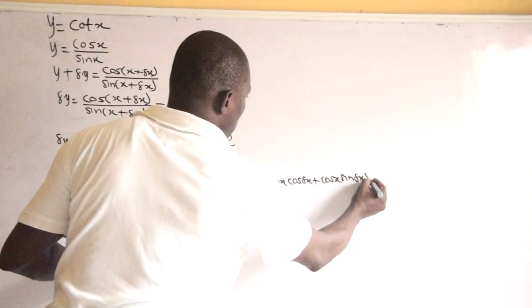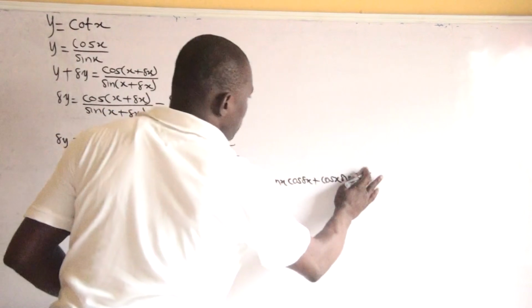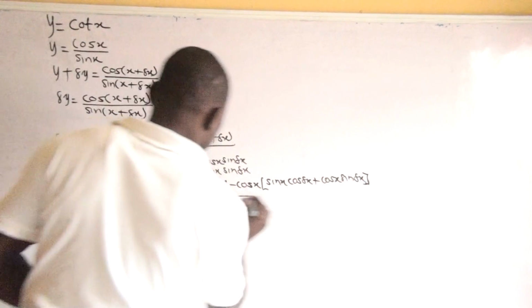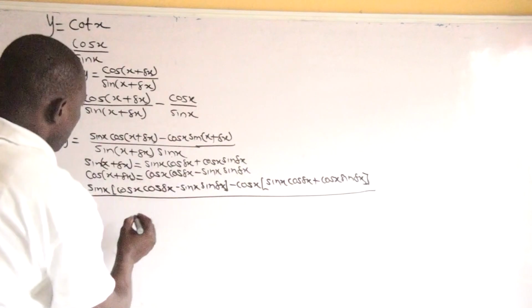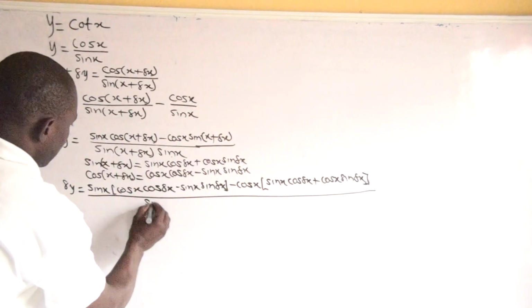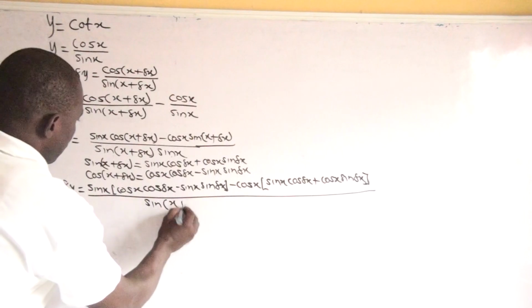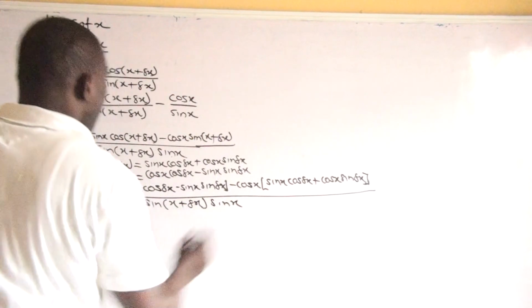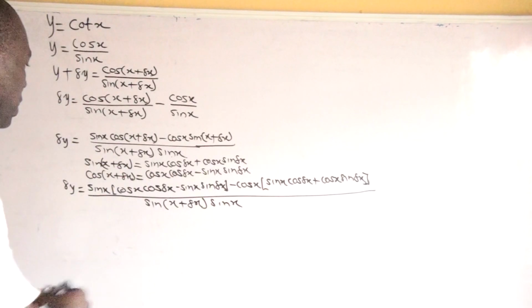We close our bracket here, divided by what we have at the denominator, which is sine(x plus delta x) sine x. So let's open this bracket.